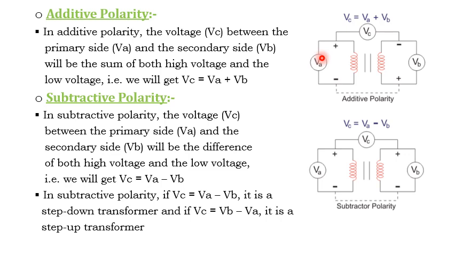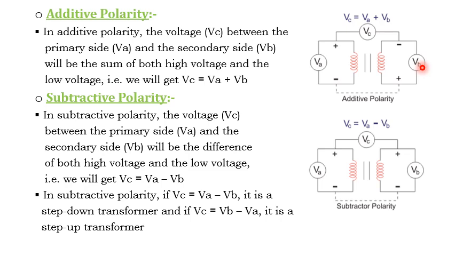In order to measure the terminal voltage, VA, the voltmeter measures the terminal voltage at the primary side. VB, the voltmeter measures the terminal voltage at the secondary side.